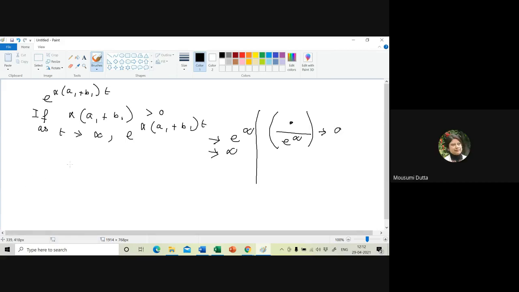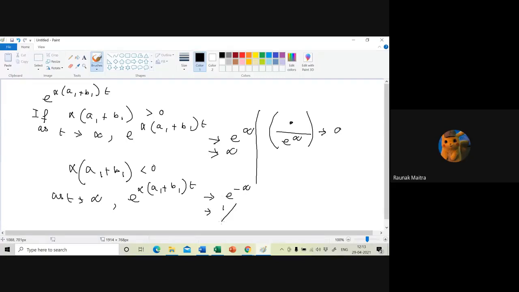And if this were negative, we will get something here, then in the denominator, this kind of expression.